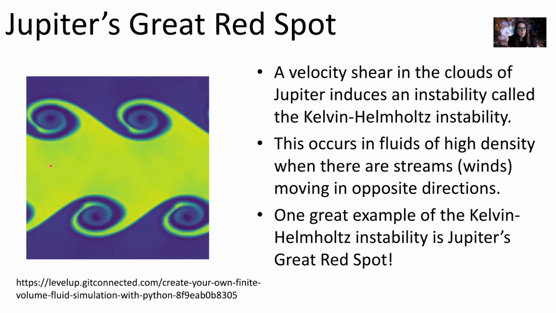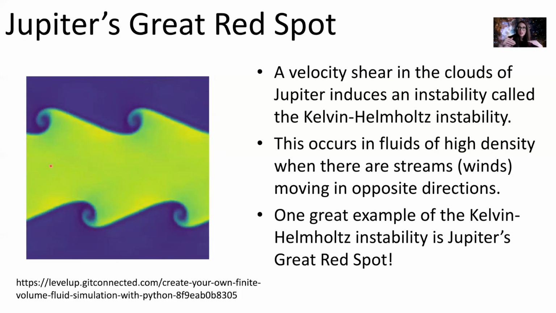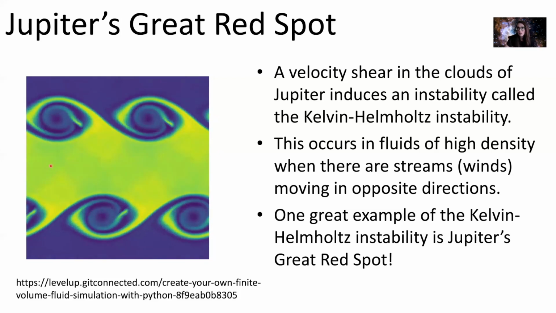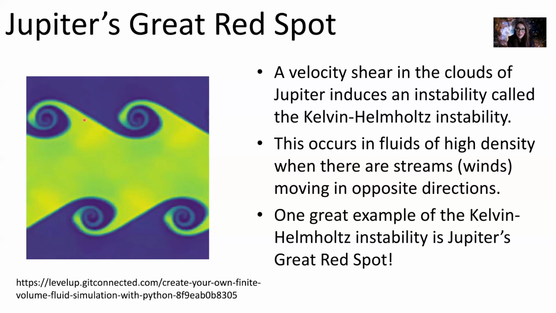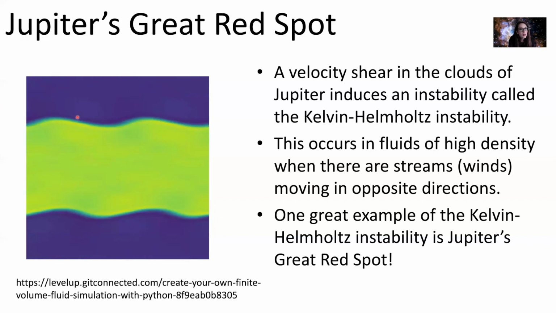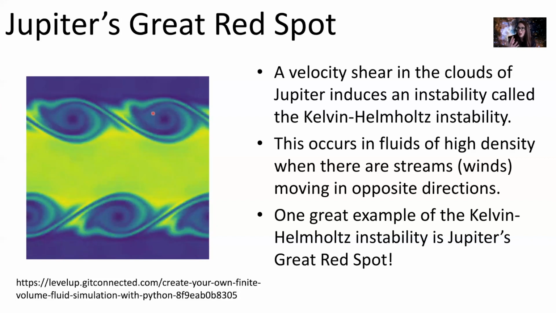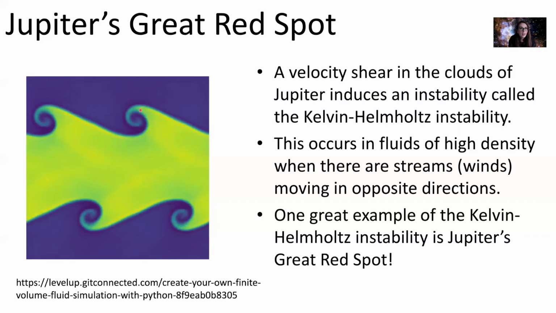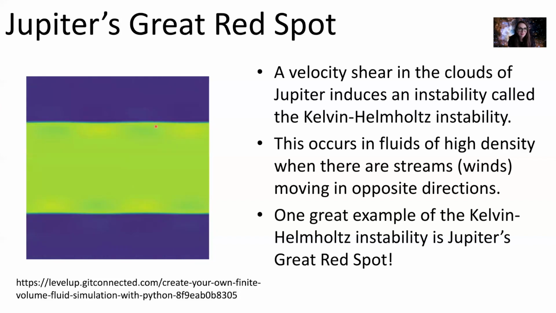Okay, and what happens at the interface of those two regions of material that are flowing in opposite directions, you set up these little vortices. Well, actually big vortices, it turns out, in the case of Jupiter. You set up these big vortices, and these vortices can turn into swirling hurricane-like storms. And that is exactly what's happening on Jupiter.